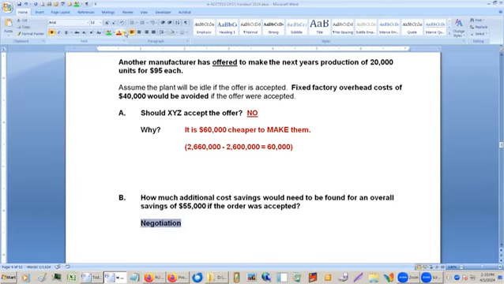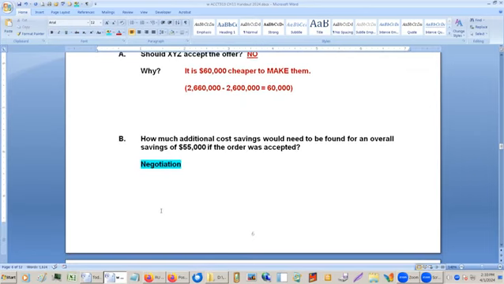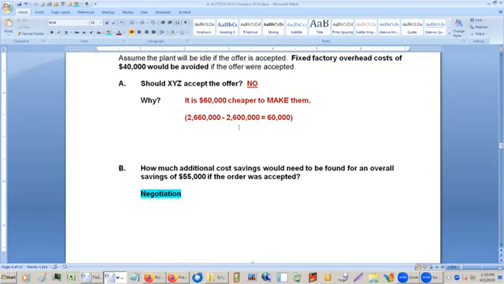You hear about how they're negotiating for a price on something. Well, this is what they're talking about: oftentimes they'll come with a price, and you'll say, nah, we can't do it at that.